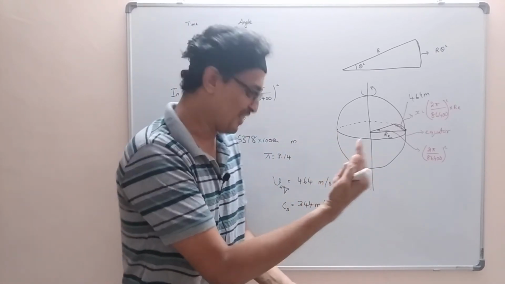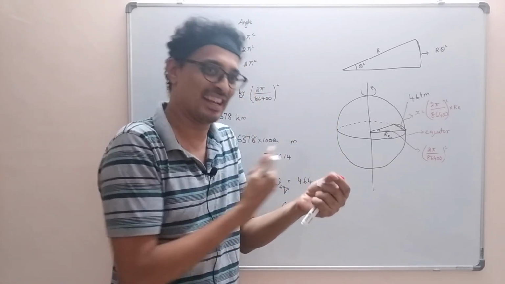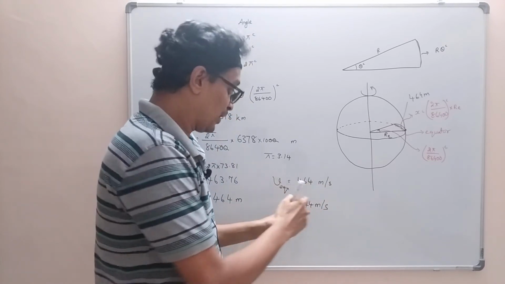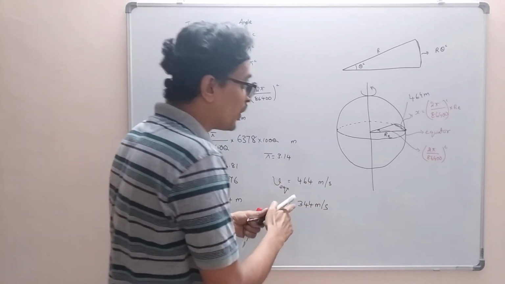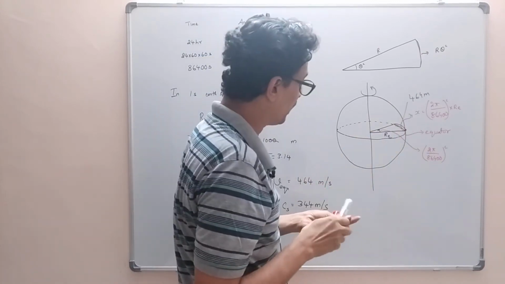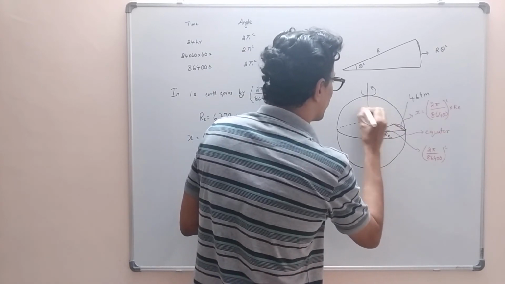So we are spinning. But this is true only if you are at the equator. As you go away from the equator, the radius is going to be smaller and smaller. Am I right?